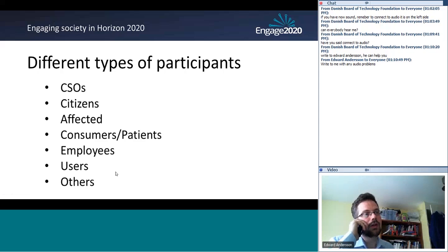Sometimes we try to reach out to citizens, maybe randomly selected or a stratified sample of citizens. Sometimes it's people who are affected by a certain issue, or consumers or patients, employees, users, and sometimes different groups. So public engagement and public participation really encompasses a wide range of activities and a wide range of different groups. Next slide, please.